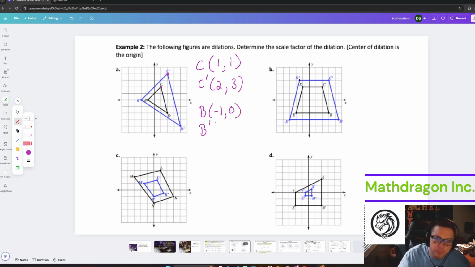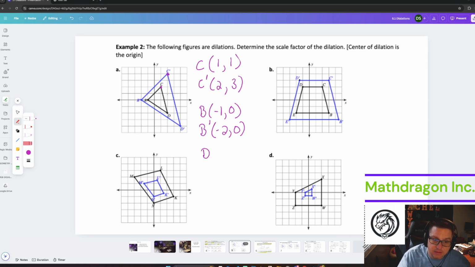And B prime is going to be -2, 0. So is there something that I can multiply these ordered pairs by in order to get the correct answer? And remember, you have to do it to both of them. So when I see 1 times 2 and then 1 times 3, that's not the same. Negative 1 times 2, 0 times 2, that could work.